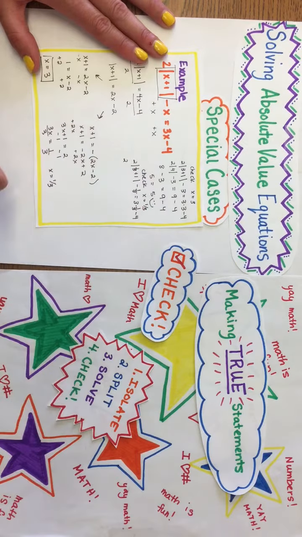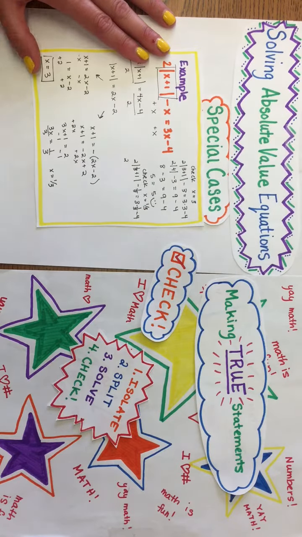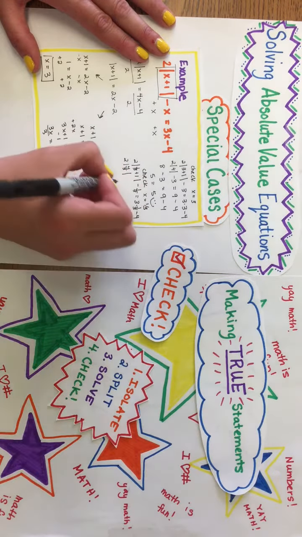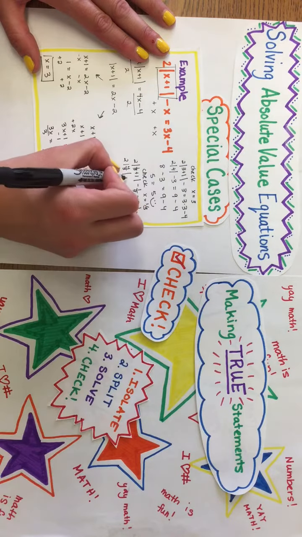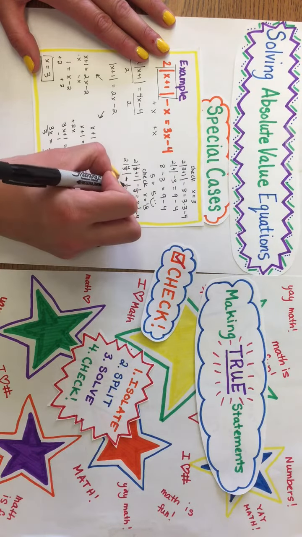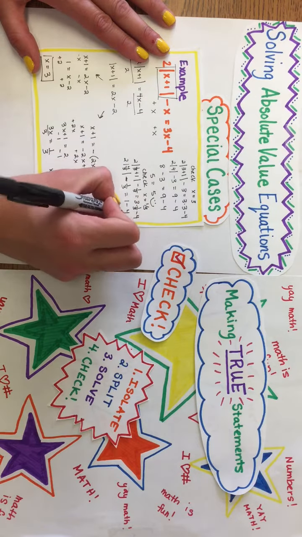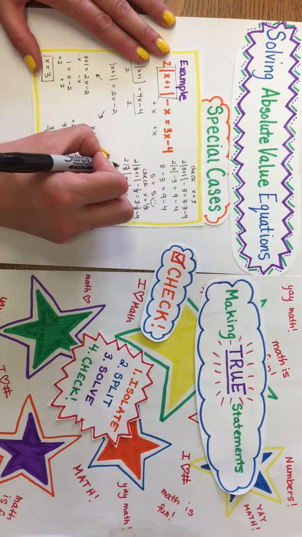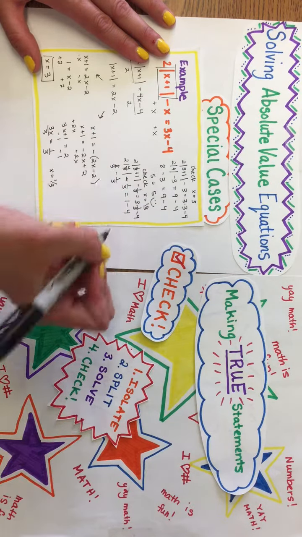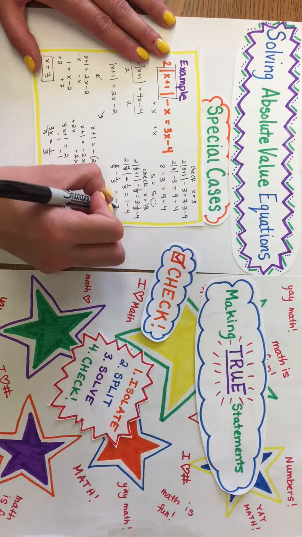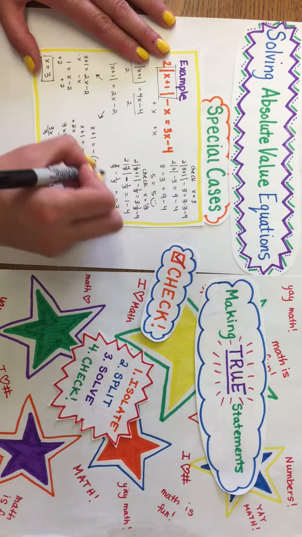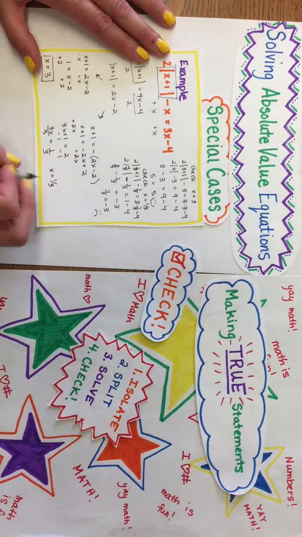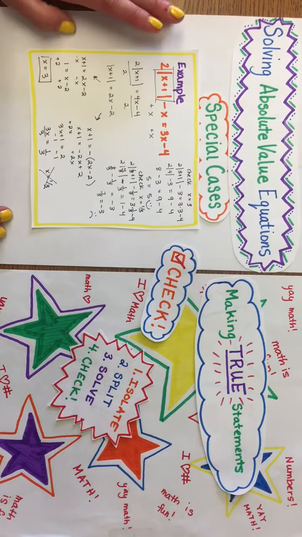If you need help solving this, make sure you take your time and work through this. 1/3 plus 1 is 4/3. 4/3 minus 1/3 is equal to 1 minus 4. The absolute value of 4/3 is positive 4/3. 2 times positive 4/3 is 8/3, minus 1/3, is equal to negative 3. This gives me 7/3 is equal to negative 3, and that is not a true statement. So x does not equal 1/3.